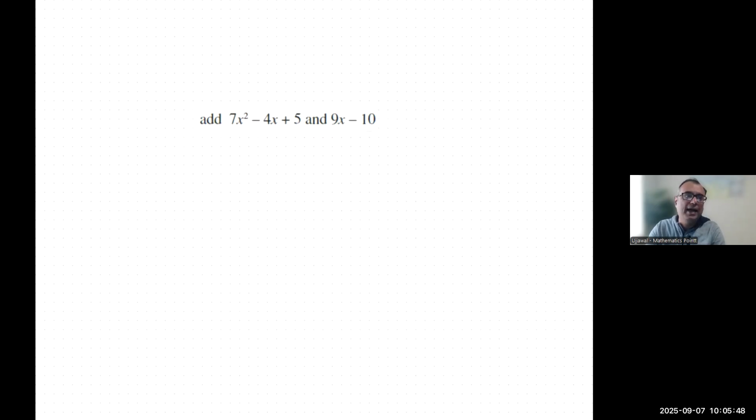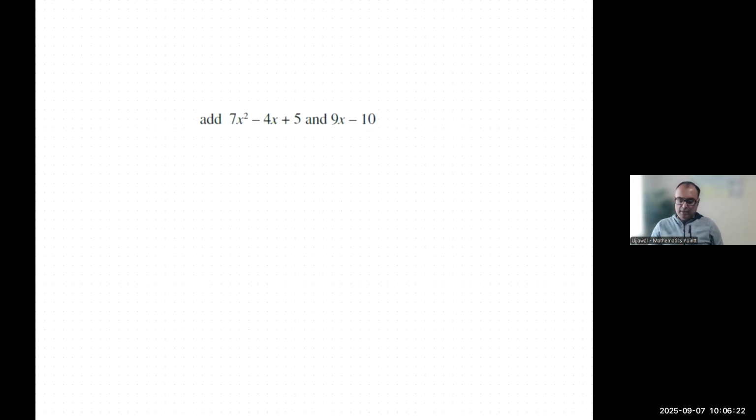I want you to add these two polynomials. Go for it. Add these two polynomials and send the answers in the chat. Okay, I'm seeing the answers coming in now.